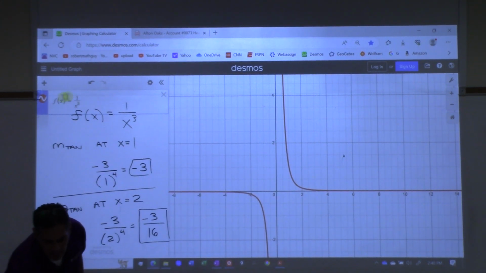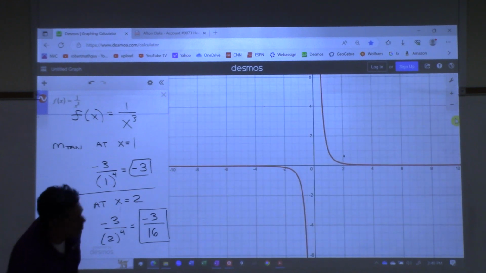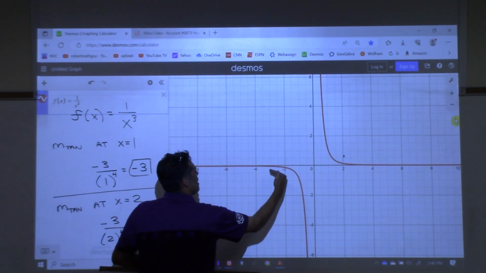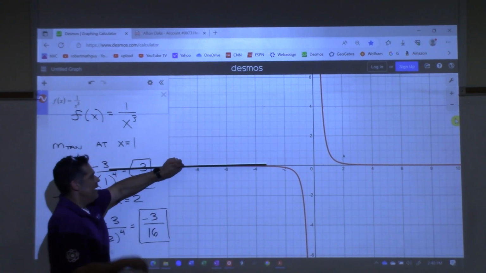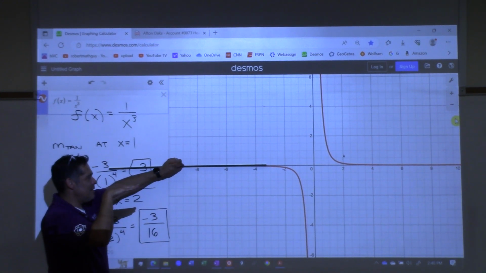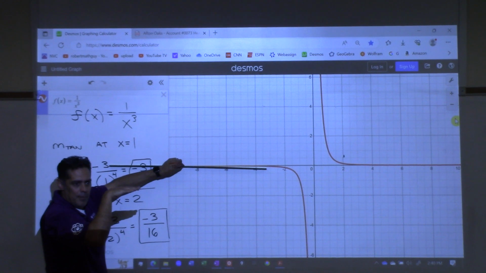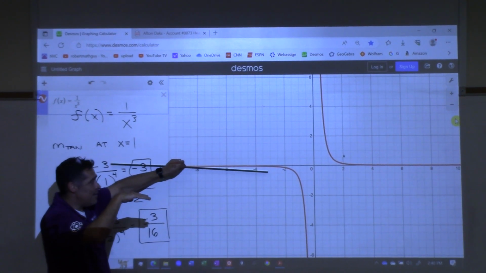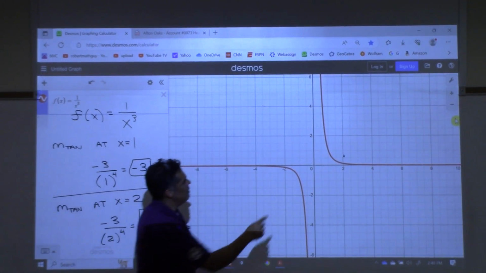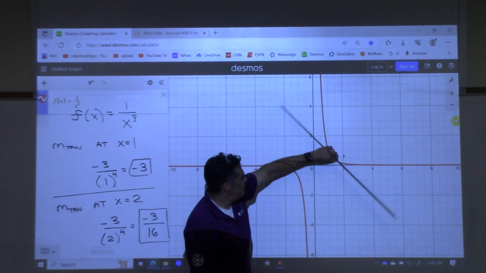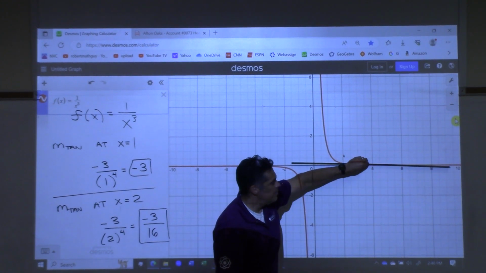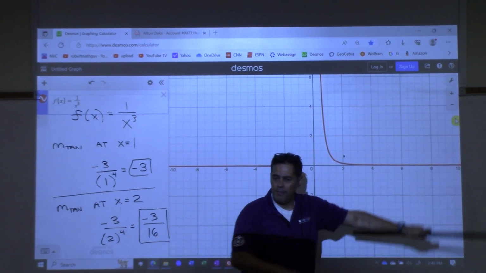Let me do a standard zoom on that. That's the standard zoom. See, this is coming up asymptotically approaching the y-axis. So if I go over here, it's not quite flat. It's going to have just a tiny little slope to it, right? But it'll be negative. It'll be down a little bit. Same with over here. Negative, negative, negative, right? Always a negative slope.